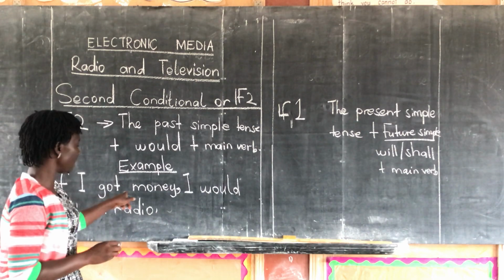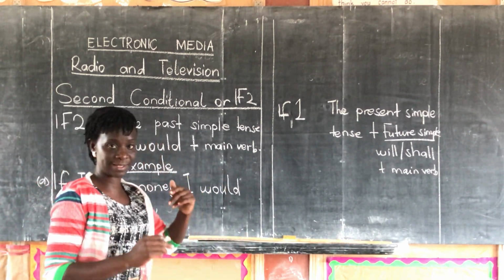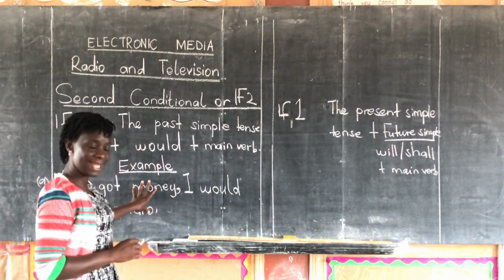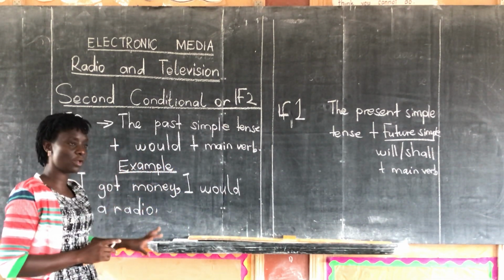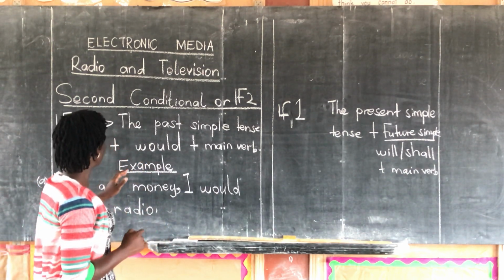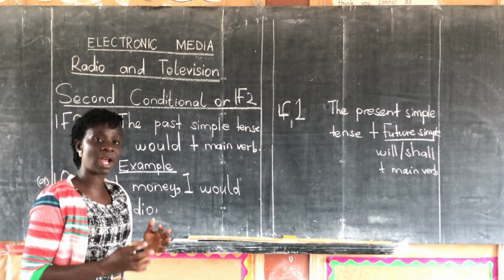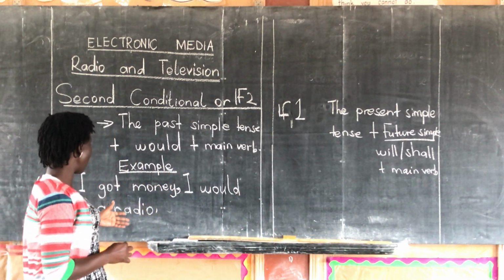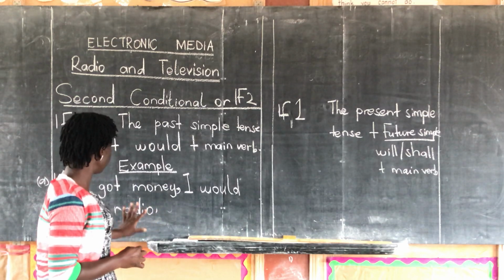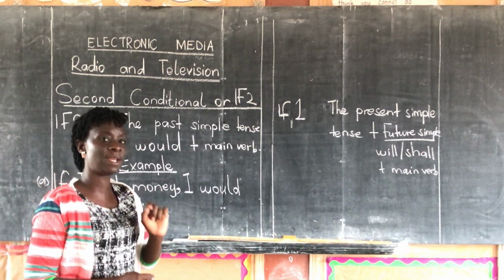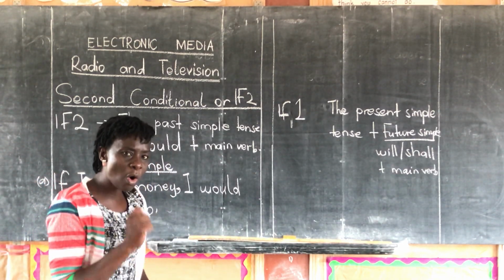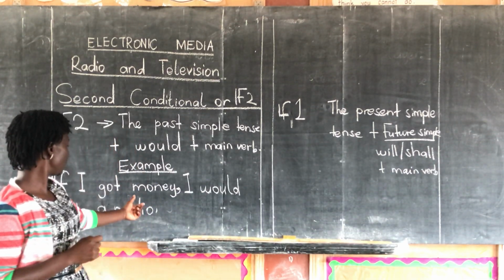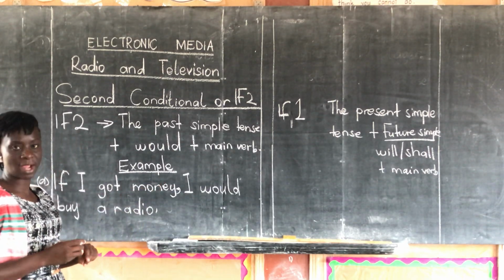Now, when you look at the if clause, I told you the last time we were together that we have two clauses in this sentence. We have two clauses in a sentence that looks at conditionals. When we are talking about ifs, even when they are not ifs, many a time we have two clauses in a sentence. The clauses may be separated by a comma or by a word. In this situation, the clauses are separated by a comma.